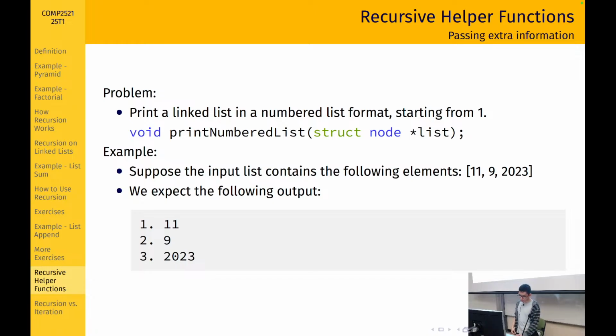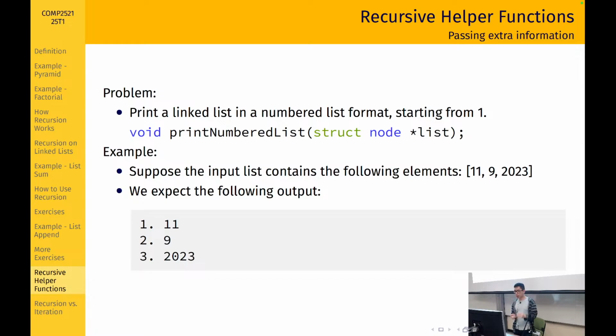simple example. So we have a linked list, and we want to print out the list in a numbered form, right? So I want to print out 1 before the first number, then 2 before the second number, then 3 before the third number, and so on. Okay, so if we wanted to implement this recursively, think about how this would work, right?